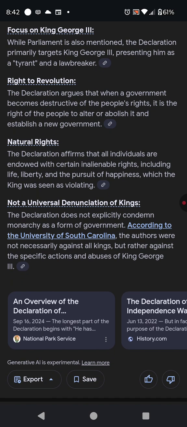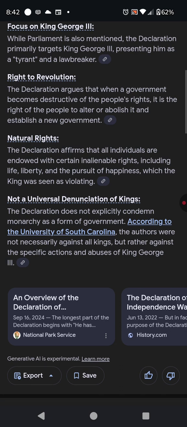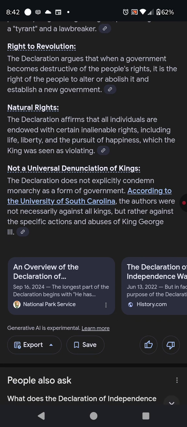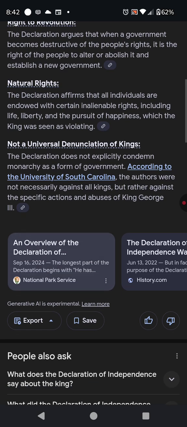Right to revolution. The Declaration argues that when a government becomes destructive of the people's rights, it is the right of the people to alter or abolish it and establish a new government. Natural rights. The Declaration affirms that all individuals are endowed with certain inalienable rights, including life, liberty, and the pursuit of happiness, which the king was seen as violating.